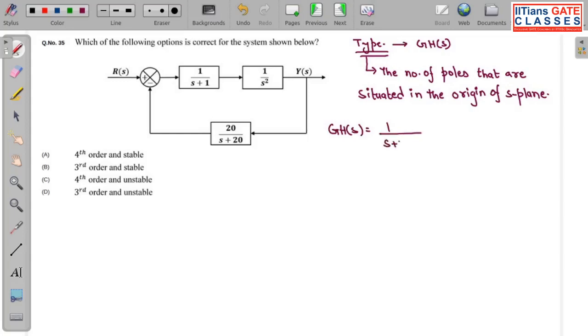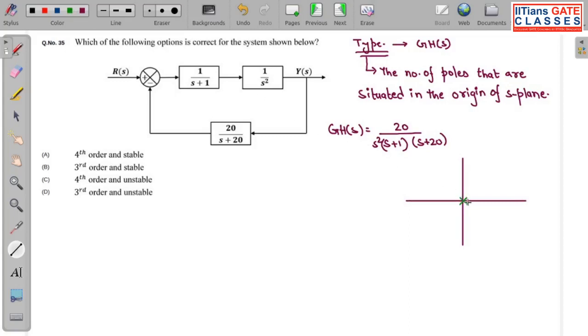1 by S plus 1, S square into S plus 20, here it will be 20. So you can see, if I plot the pole-zero map of this transfer function, how will it look?